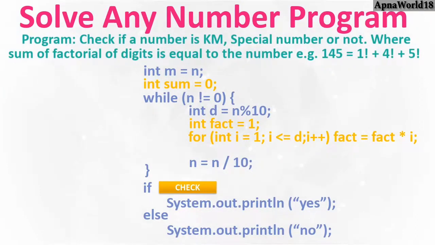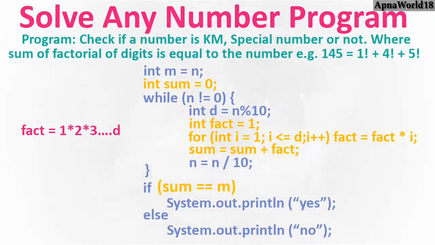This will just multiply i into itself starting from 1 till d. So it will just do 1 into 2 into 3 into 4 till d, which is the factorial of d. In the sum now we will add the factorial of d. In the check section, we will just check if sum is equal to m. If yes, then it is a special number, otherwise it is not.